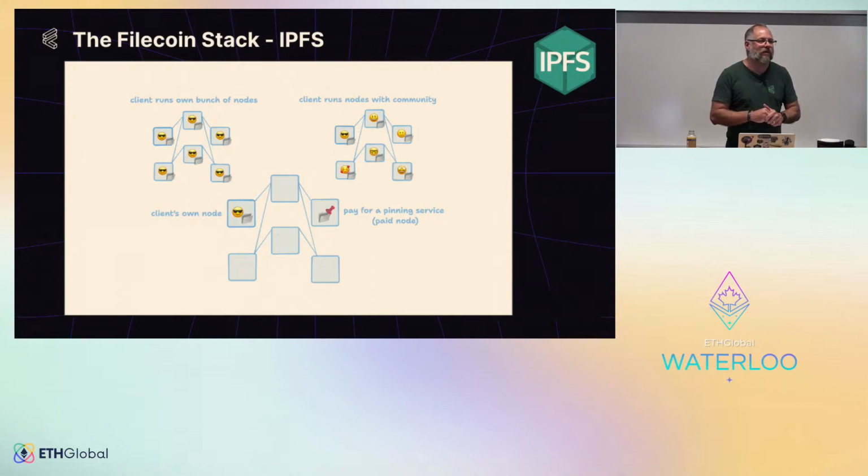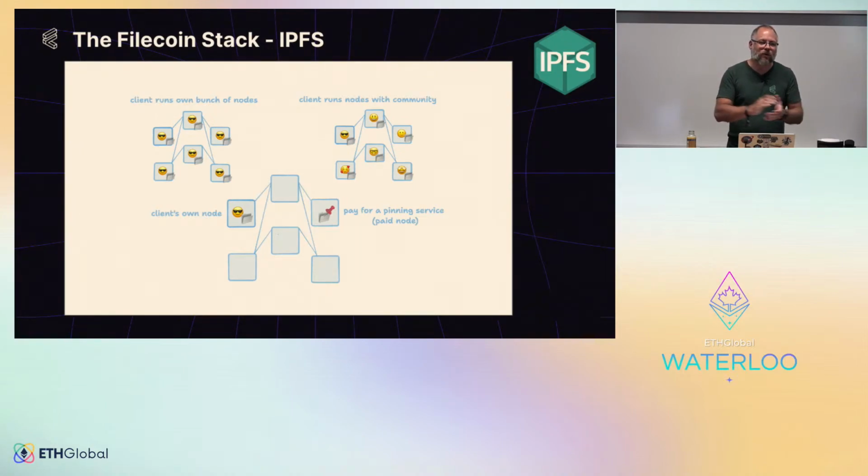That's to prevent the situation where you turn your laptop off and suddenly your data is inaccessible. Services like Infura and Pinata, you might have heard of, offer IPFS pinning services. You pay them a fee and they will pin your data on the network. Pinning is the process by which a node says, I want to keep this data on the network. It might be stored on multiple other nodes, effectively cached, but pinning is keeping it live on that node so it won't ever expire from that node.